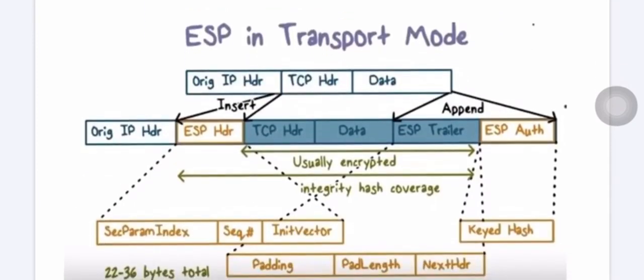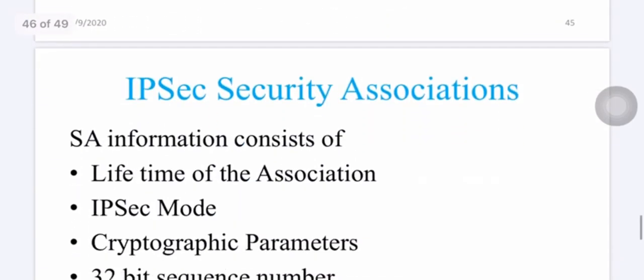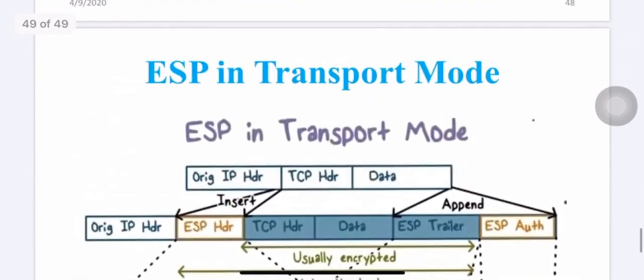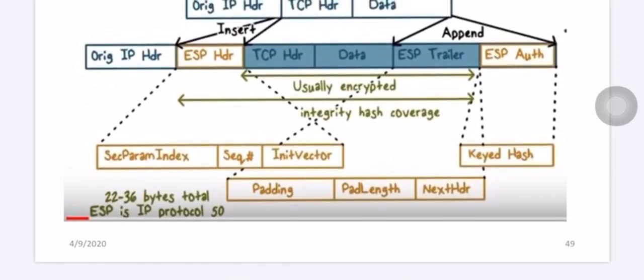We have the original header format, followed by the encapsulation header, TCP header, data, ESP trailer, that is the last part of the data, and ESP authentication data, and the respective sequence number and security parameter index, as we explained in the IP security association. All the parameters will be there in your transport mode. These are the two modes of IPsec: transport mode and tunnel mode.